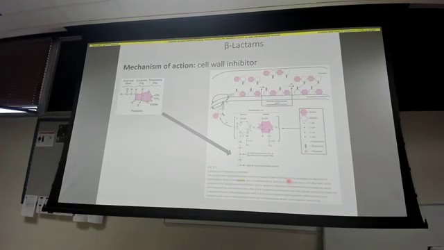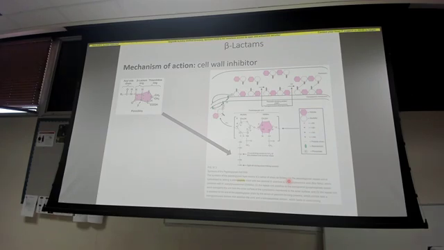Your drug is like, I'm going to act like D-Ala. So it goes in there, and whenever it does the cross-linking, because remember it's disguised, right? The cell then will incorporate your drug, and then it will have a hole, essentially, in its cell wall, and then ultimately it leads to lysis, okay?